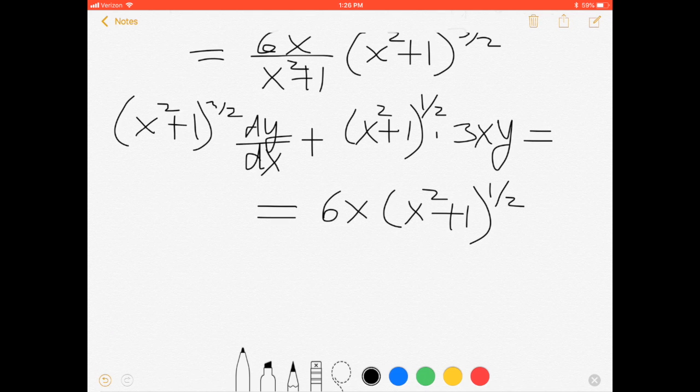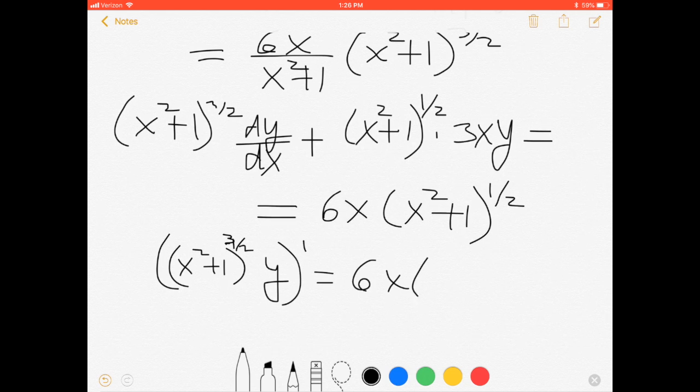My left part of the equation I can rewrite as the whole differential of (x squared plus 1) to the 3 halves power times y, and this will equal 6x (x squared plus 1) to the 1/2.